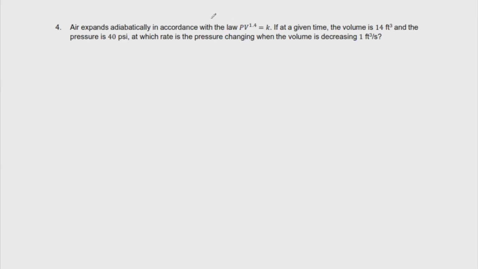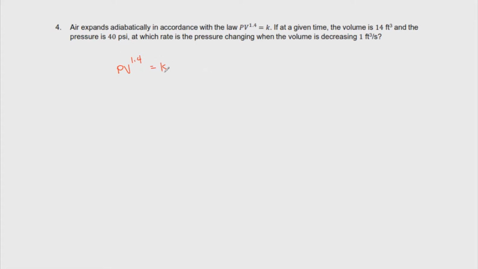Problems like this almost always give you the general equation, and in this case, we're already given that. This is the adiabatic law wherein PV raised to 1.4 is equal to K. P stands for the pressure and V is for the volume.